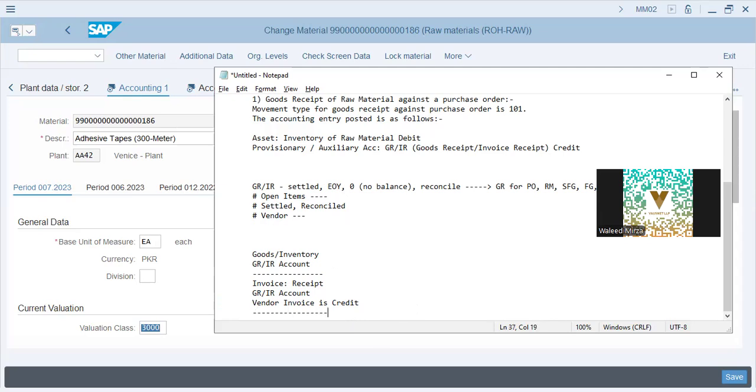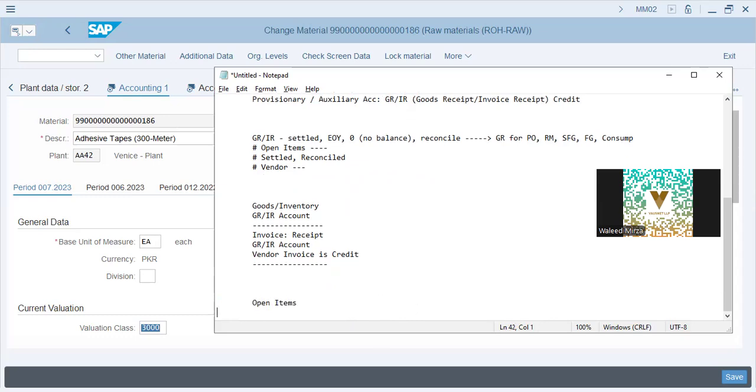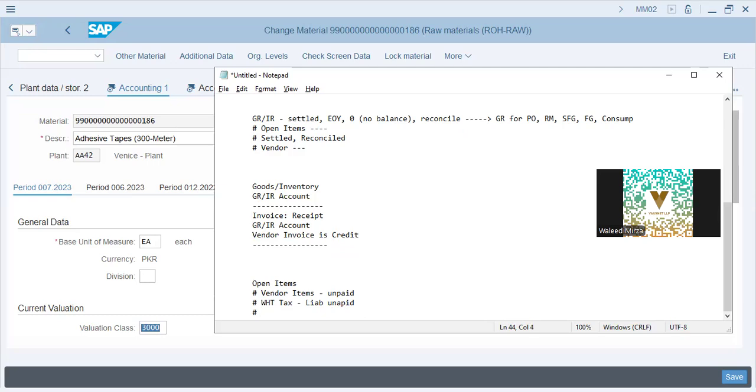So these vendor credits, what are open items? Vendor items, unpaid; withholding tax liability, unpaid; incoming and outgoing of banks.